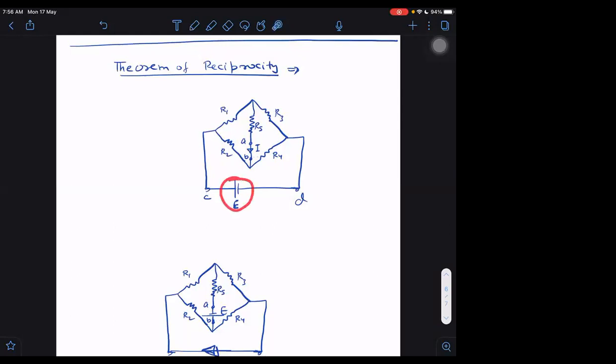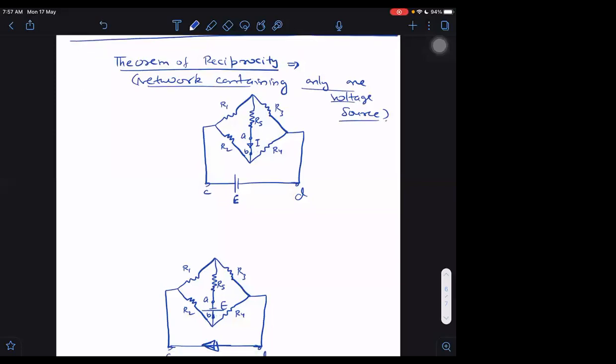The current can be taken in any resistance, any number of resistances, that doesn't make a difference, and it can be changed in any branch. If I put the battery in this branch, then the current of this branch will go here. That is the interesting thing. It applies to a network containing only one voltage source.